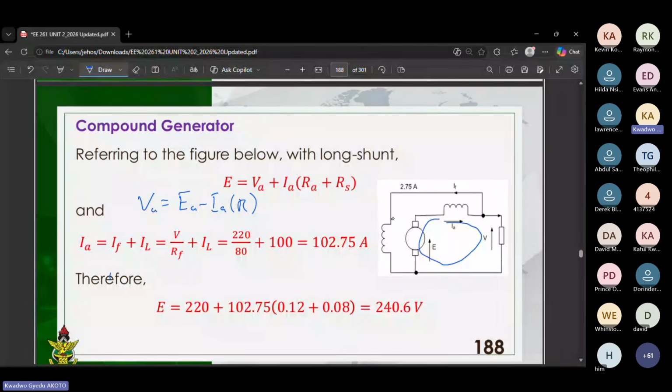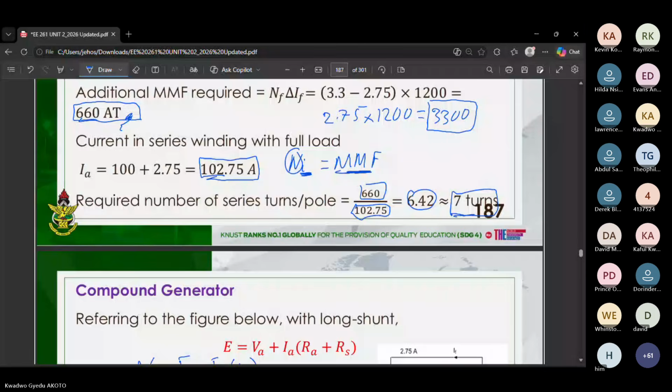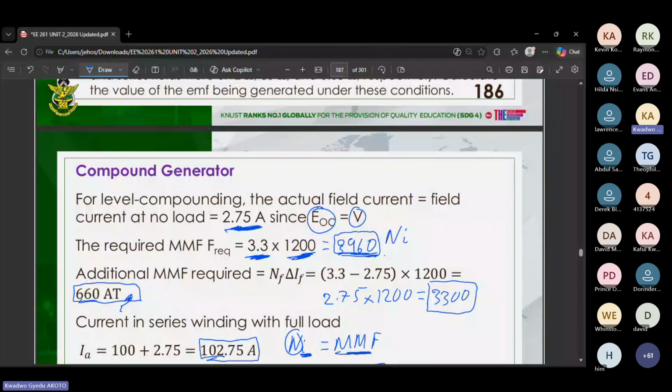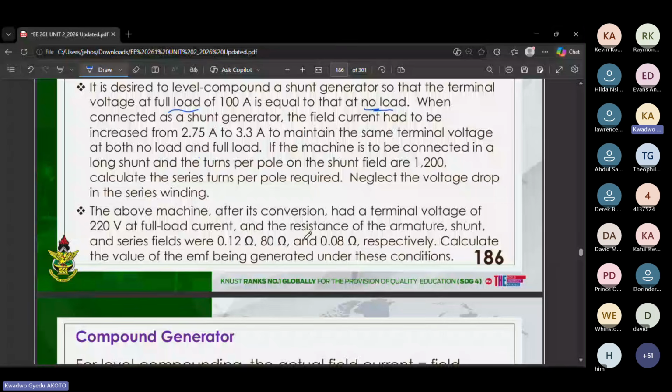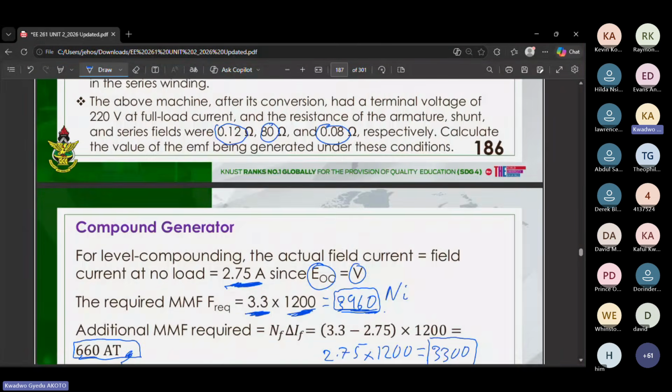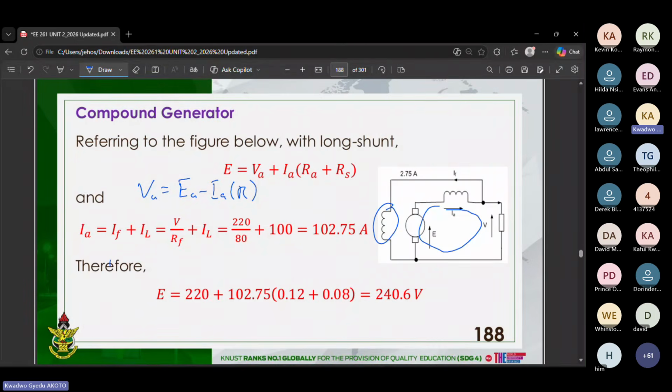That means that this resistance no longer comes into play. And we already know our IA. So let's go back to the question. The question says, the resistance of the armature, shunt, and series fields were 0.12 for armature, 80 ohms for shunt, and then 0.08 for series. But then here's the case, we don't need our shunt resistance, right? Because of the loop we took, we don't need our shunt resistance.